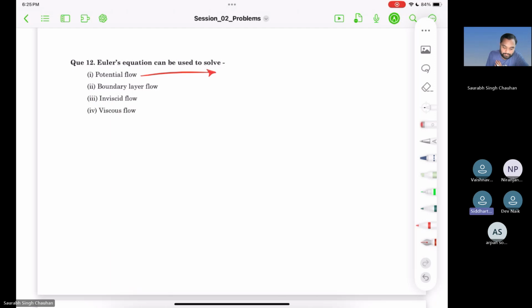Maybe divergence of U equal to 0. Not sure of it. Irrotational flows. Okay.